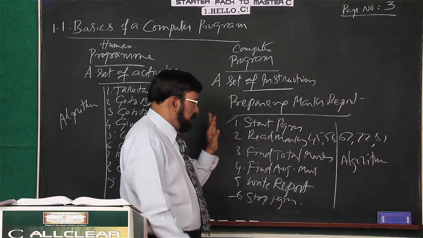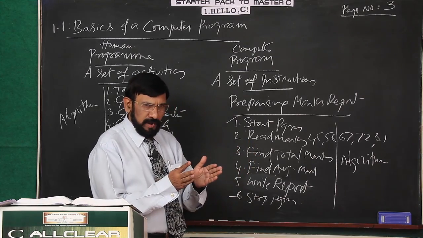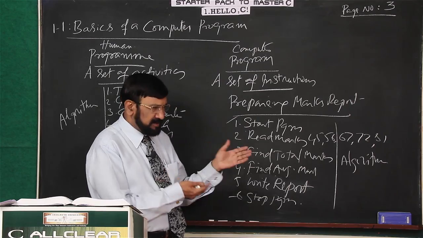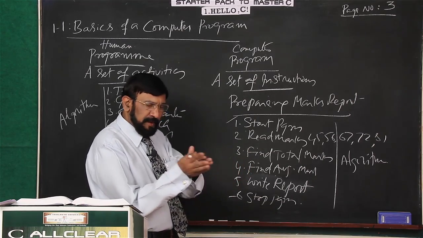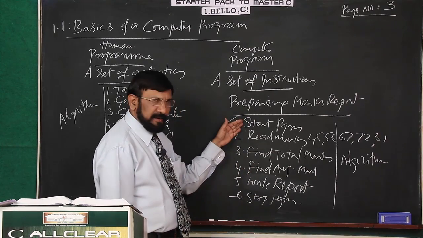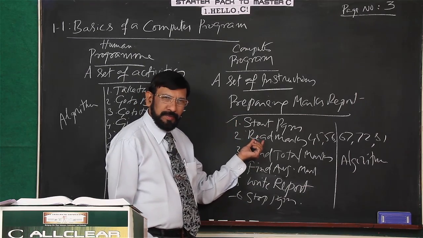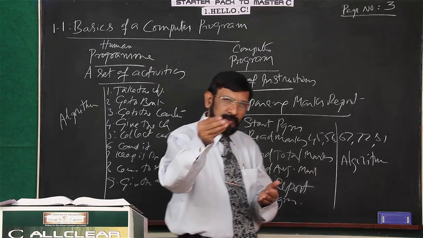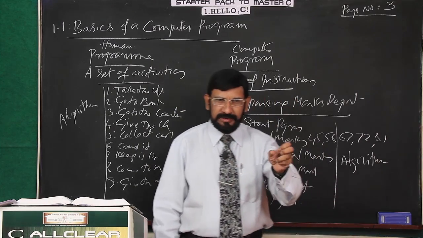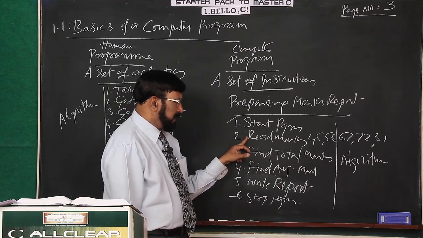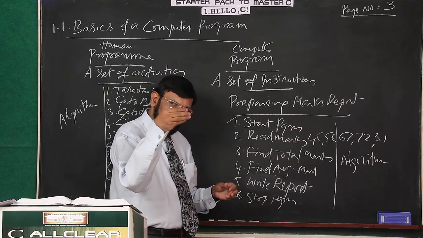Always remember, in every program, a program is like a machine. It is a software machine. Compare it with a flour mill: start, stop, and you give input. You go to a flour mill and give some grain. The mill processes it and delivers the output. Here, reading marks means you are giving input.